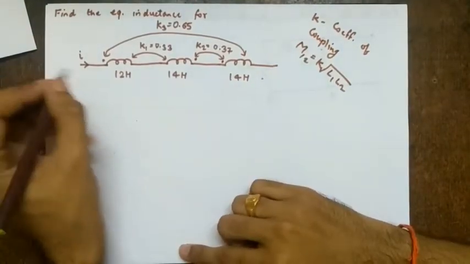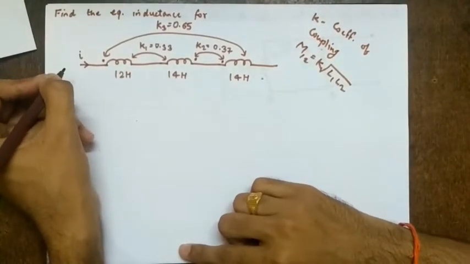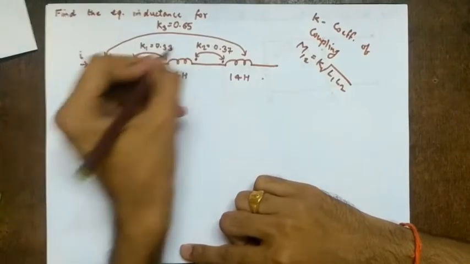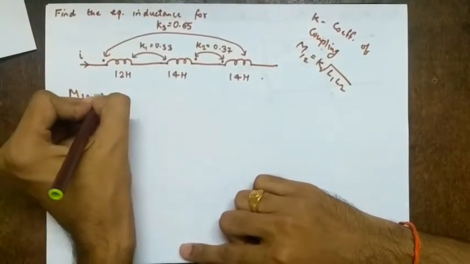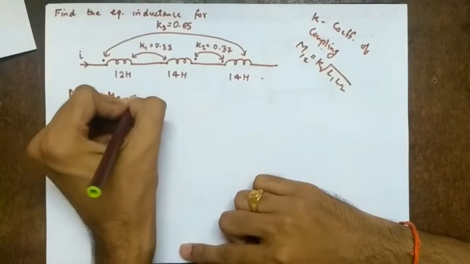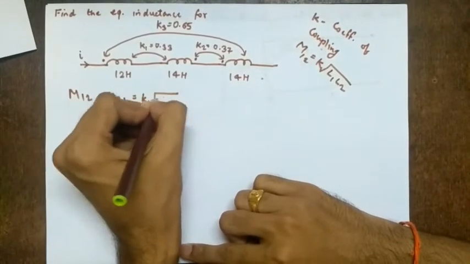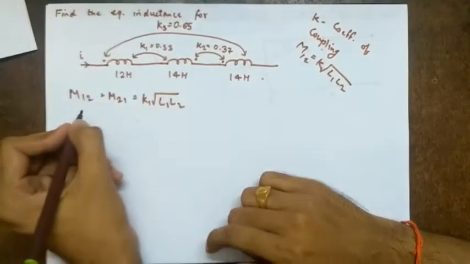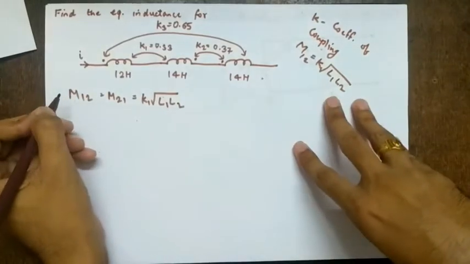So first we have to find the mutual inductances because they have not given them. M12 will be same as M21, so it will be K1 root L1 L2, right? Because we are taking the first inductor.